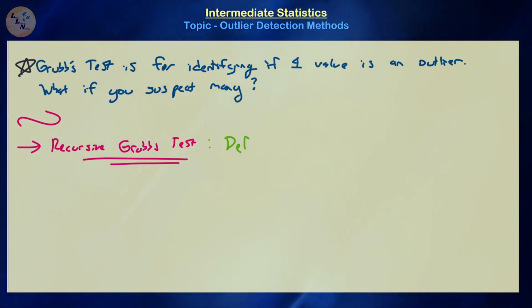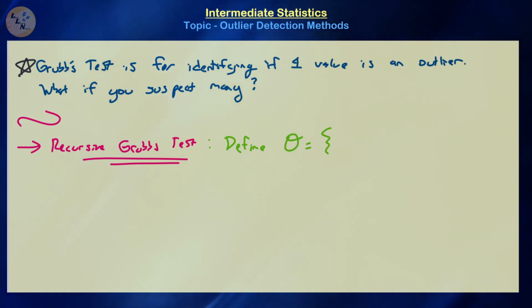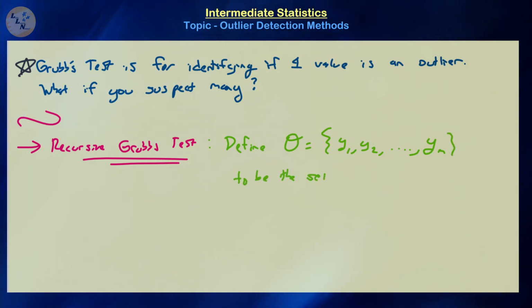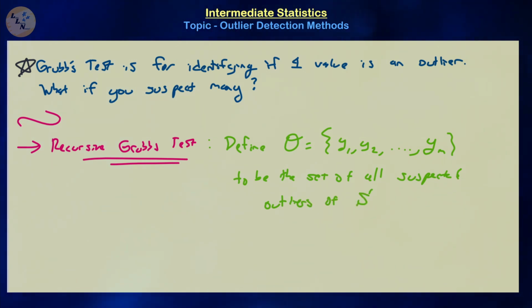What we're going to be doing is defining a set O to be equal to a bunch of points, y1, y2, down to, let's call it, ym, the set of all suspected outliers of a data set S, where the size of S is equal to n, and m hopefully is significantly less than n.